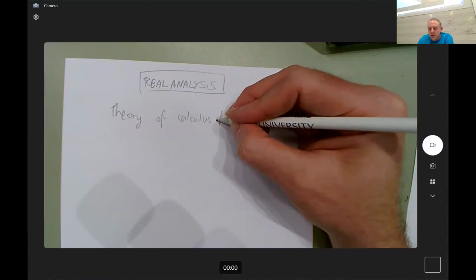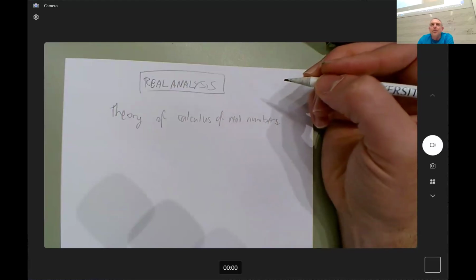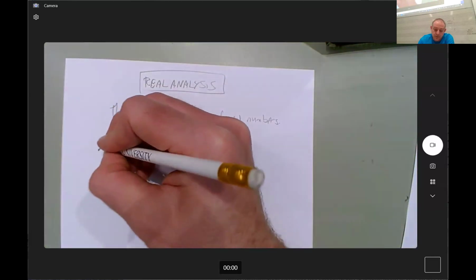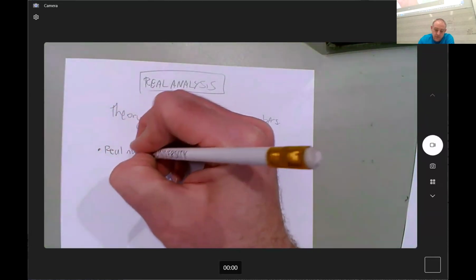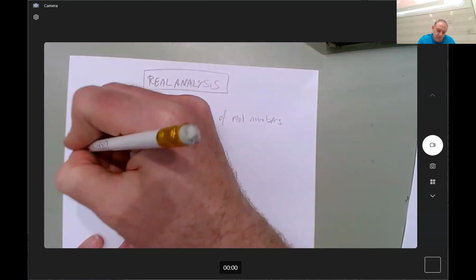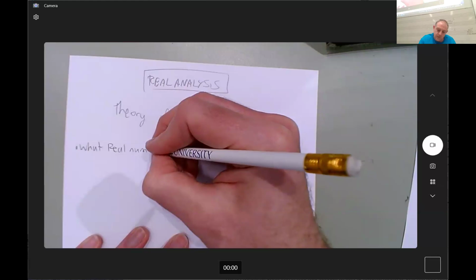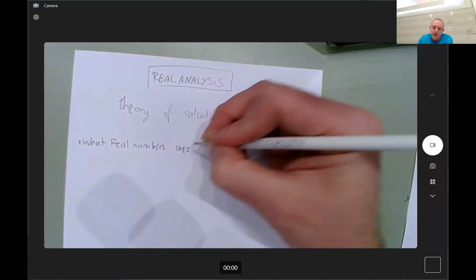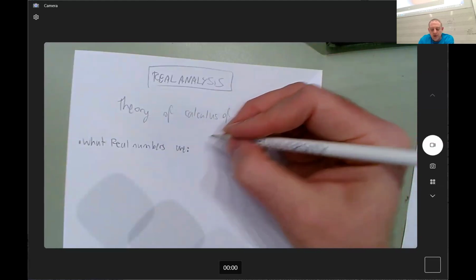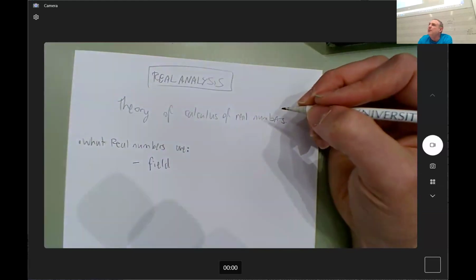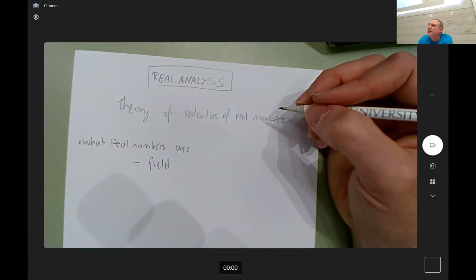Somewhere near the beginning, there was some stuff about what the real numbers are. It came about that what they are is a field, and there were some field axioms that they had to satisfy.